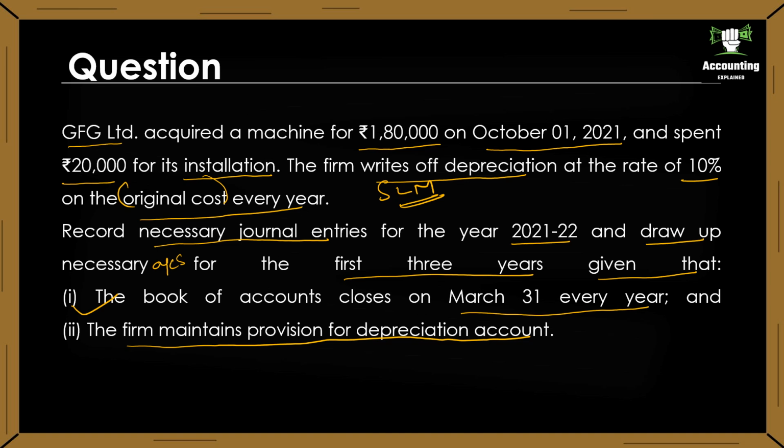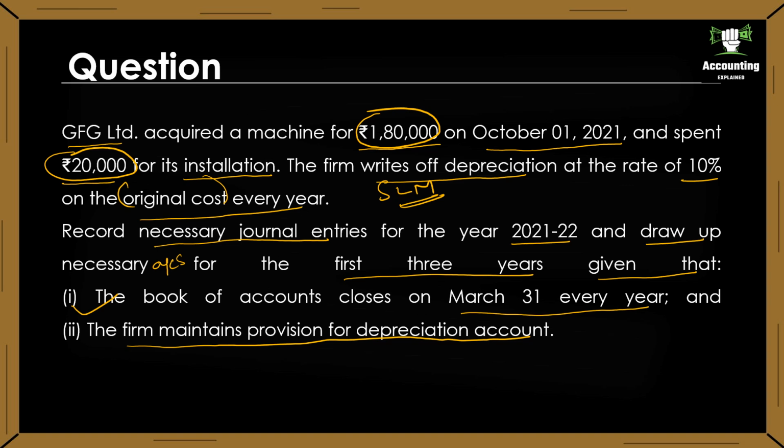Now for the machinery value, you have to take the cost of the machine plus installation charges. If you have seen my previous videos on straight line method and WDV method, I have explained all these things in a very elaborate manner.